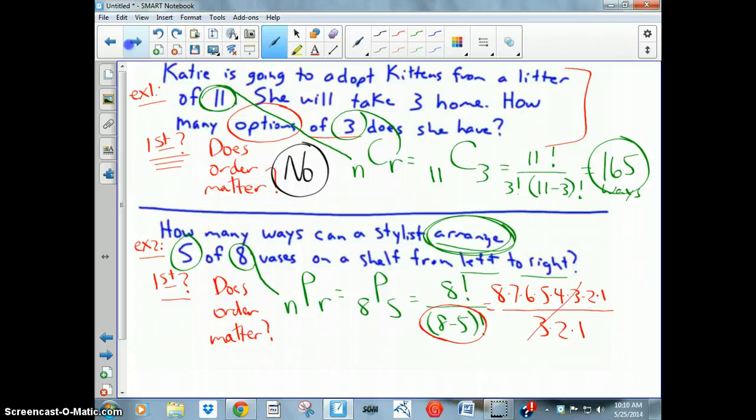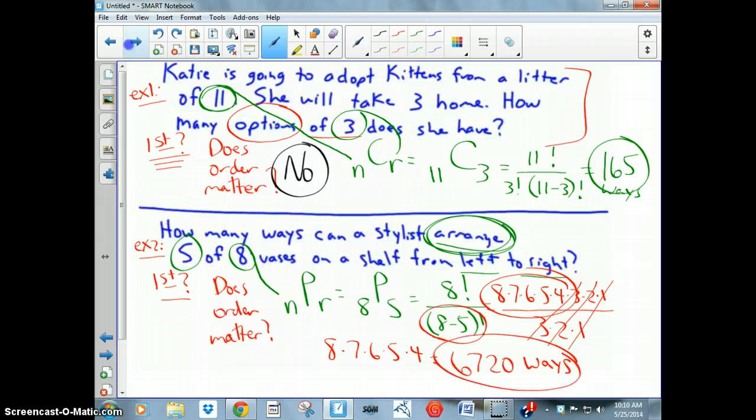Well, your 3's will cancel, your 2's will cancel, and your 1's will cancel, leaving you 8 times 7 times 6 times 5 times 4. That is how many choices this stylist has for arranging her vases, which comes out to be 6,720 ways. And that is the difference between permutations and combinations and how you determine that from word problems.